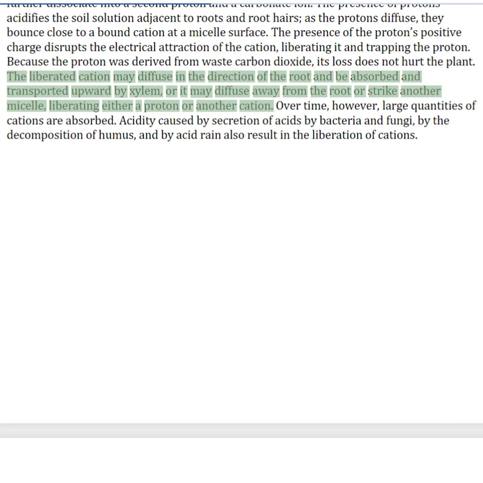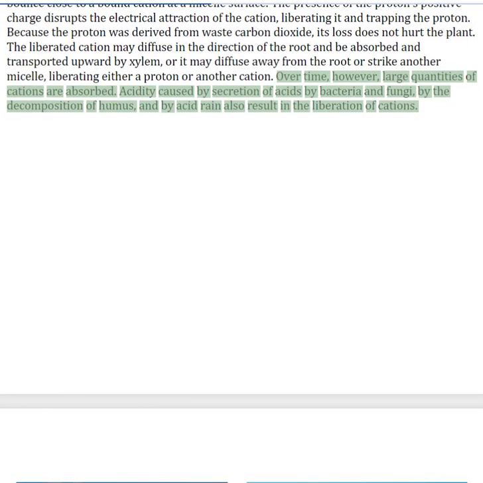The liberated cation may diffuse in the direction of the root and be absorbed and transported upward by xylem, or it may diffuse away from the root or strike another micelle, liberating either a proton or another cation. Over time, however, large quantities of cations are absorbed. Acidity caused by secretion of acids by bacteria and fungi, by the decomposition of humus, and by acid rain also result in the liberation of cations.